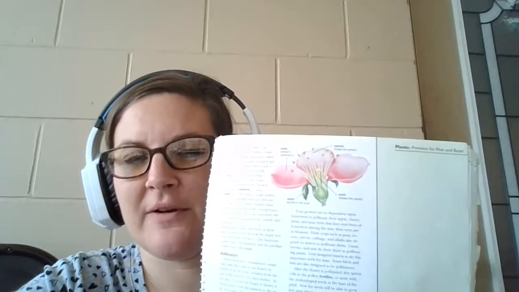If you have your science book, you can look at page 53, but you do need to know the parts of the flower. It will be on your quiz tomorrow, and it will be on your final test.